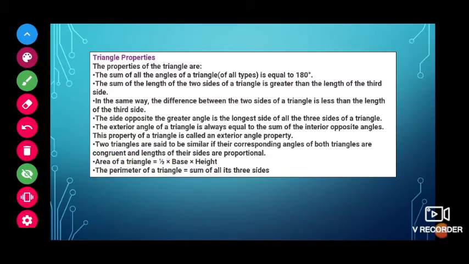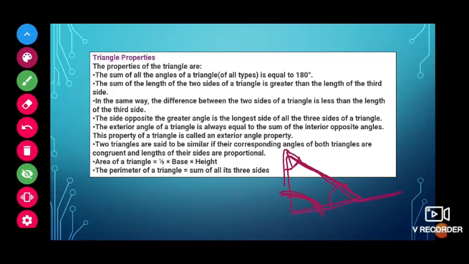Then, if we take any triangle, it will form 3 angles. Along with these 3 angles, it will have 3 sides also. Here, which is the longest side? The angle opposite to that longest side will be the largest angle. The angle opposite to the smallest side will be the smallest angle in the triangle.